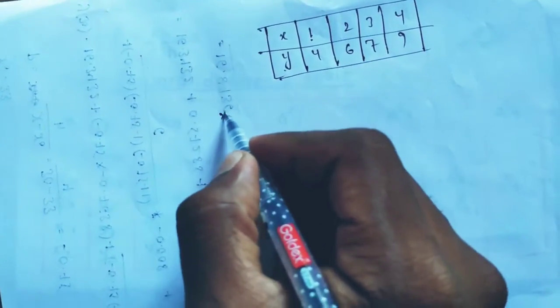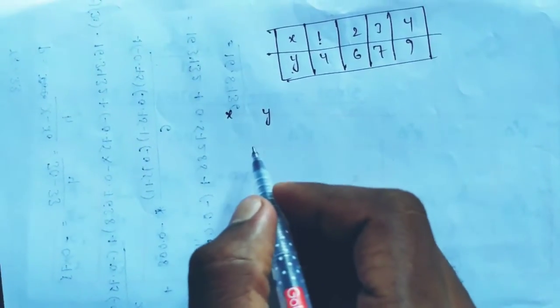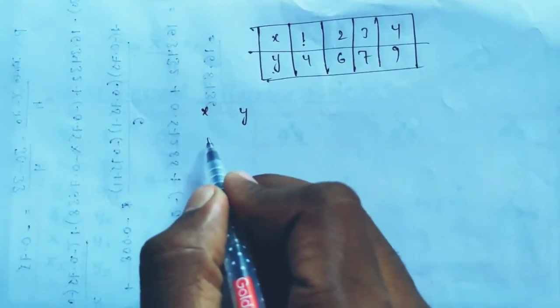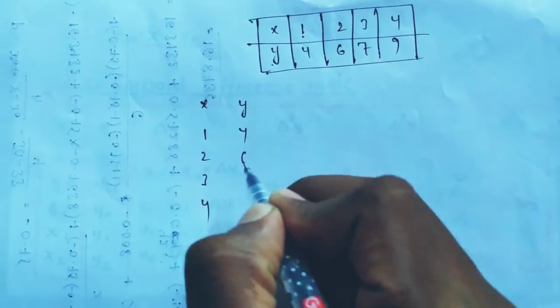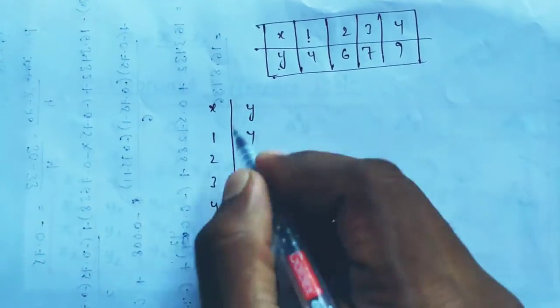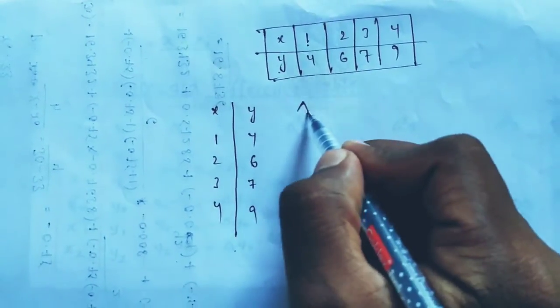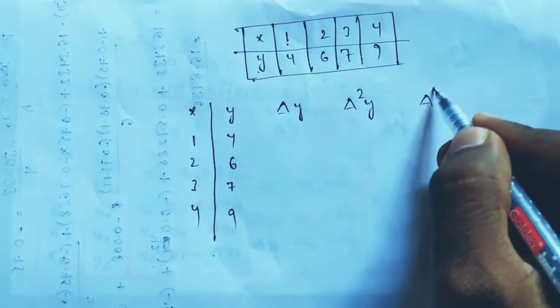Let's draw a small Gauss forward difference table for the given values of x, 1 2 3 4, and y, 4 6 7 9, and find del y, del square y and del cube y.